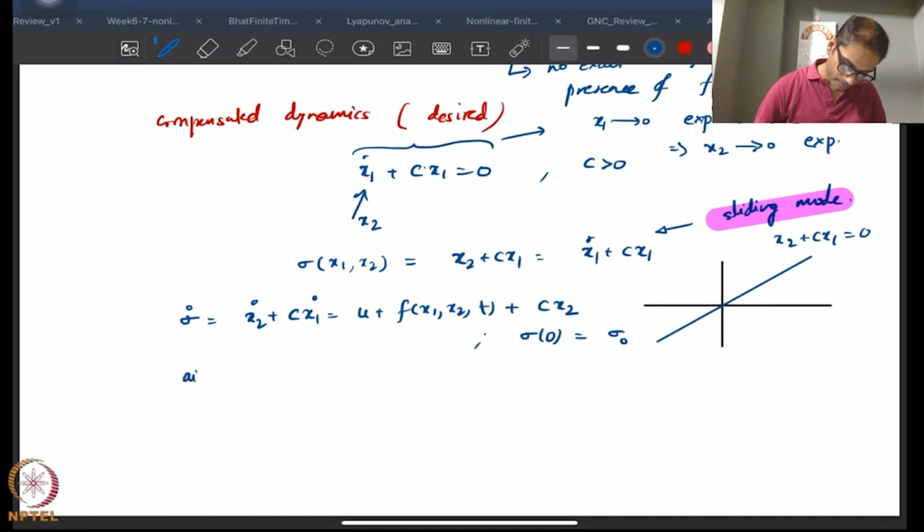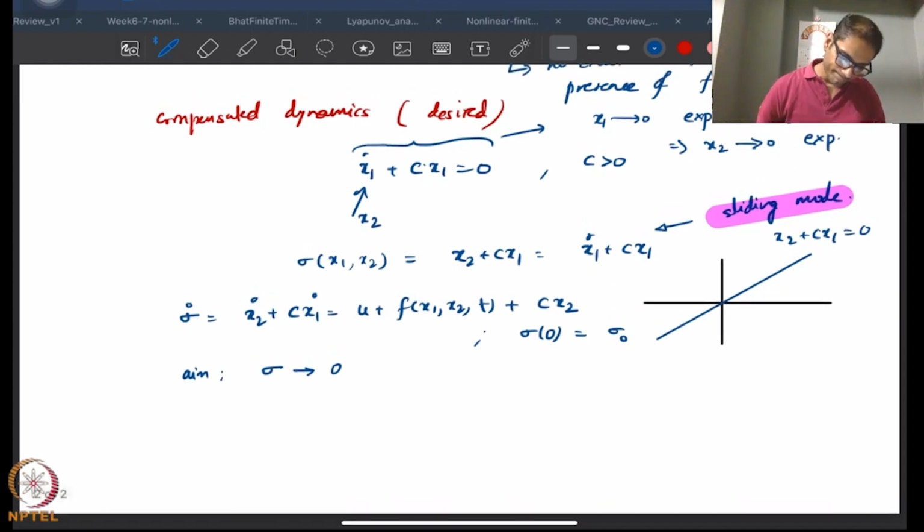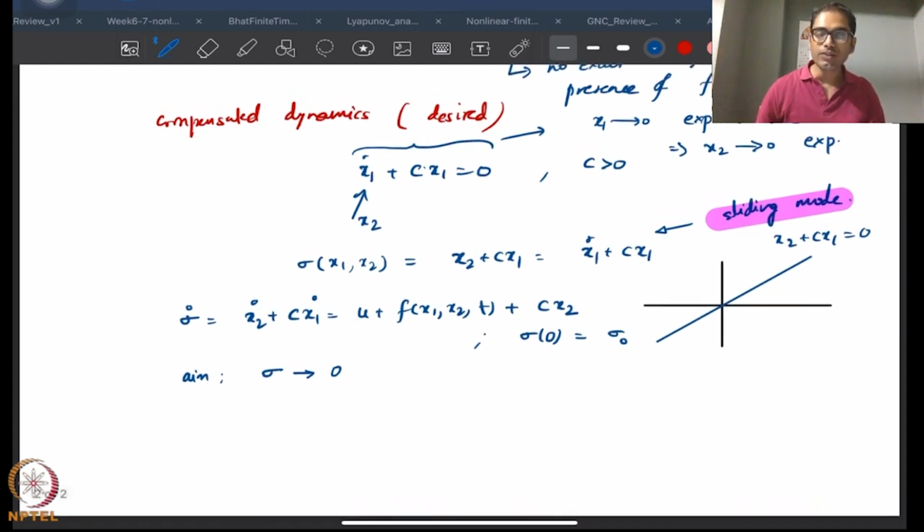So the aim is to push sigma to 0, because if sigma is going to 0, you understand that x1 and x2 are both going to 0. So we'll try to make sigma go to 0 in finite time. How do we do that?